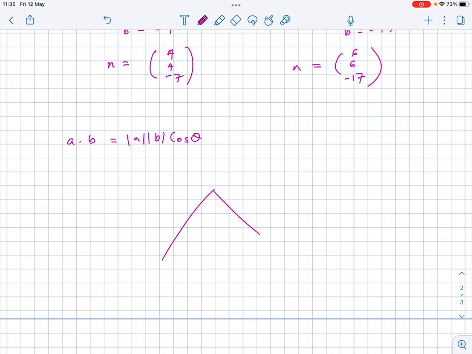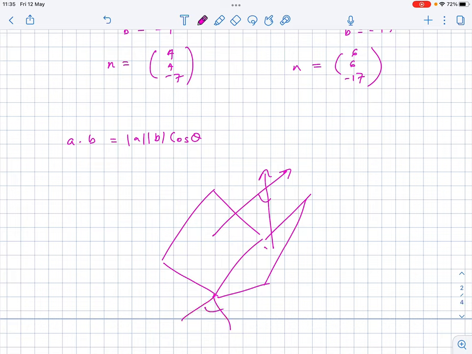And we've got two planes here, if I just draw a separate picture, and two normals. Now what we want to do is use the two normals and find the angle between them. And that would be this angle, which would actually be the same as the angle here between the planes. Now if that works out to be obtuse, we can just do 180 minus, but let's just see what we get.